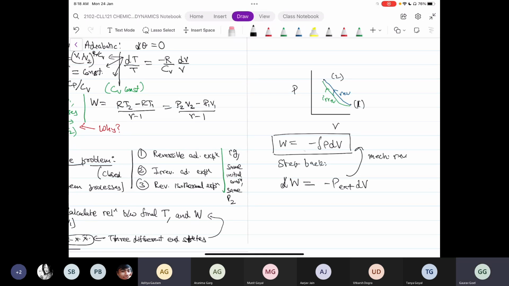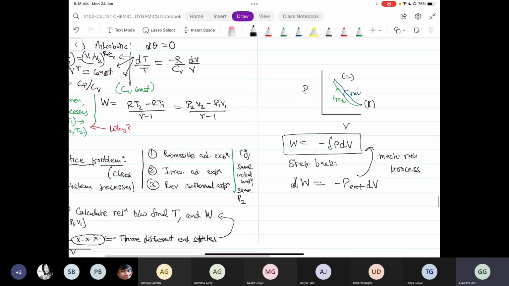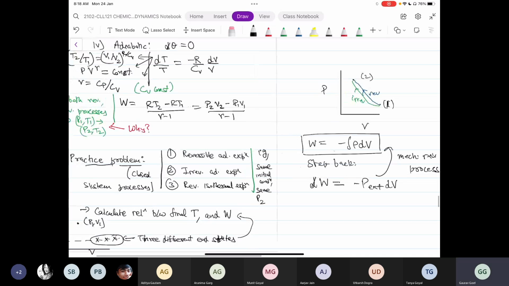Reversible. Mechanically reversible is sufficient, right? Because mechanically reversible means P external equal to P. All right. So that means the area under the PV curve equal to work is valid only if the process is mechanically reversible.